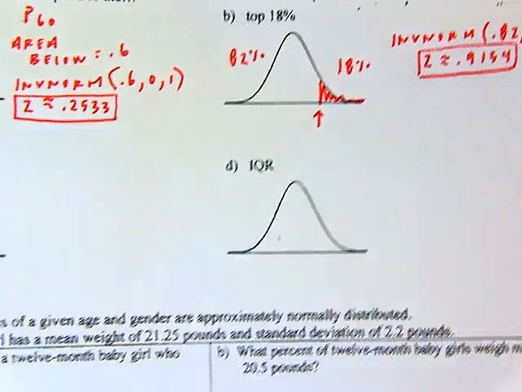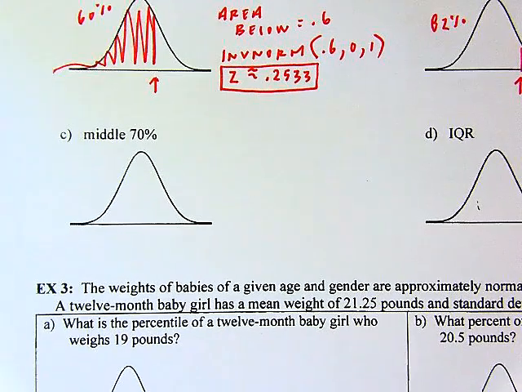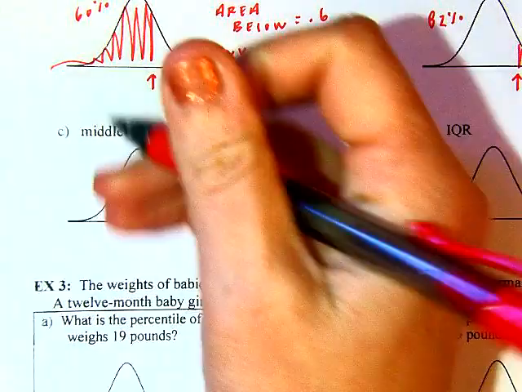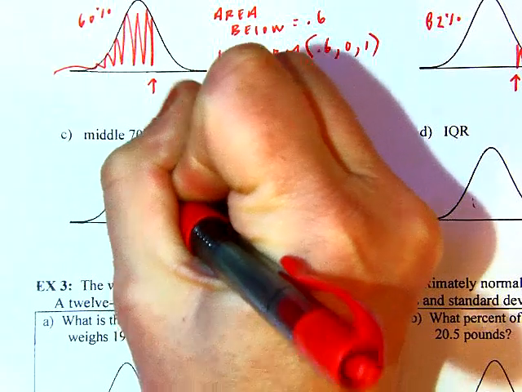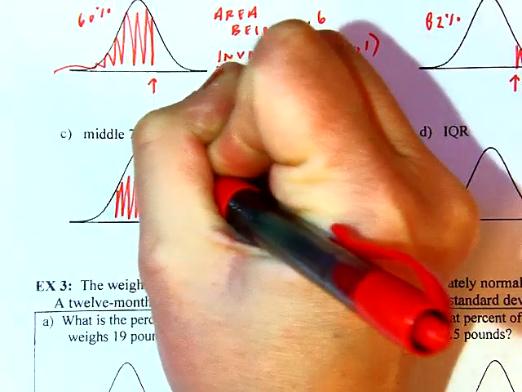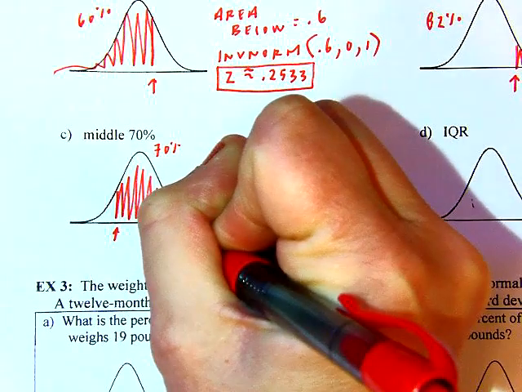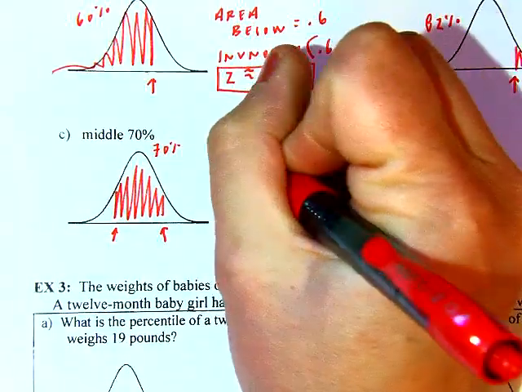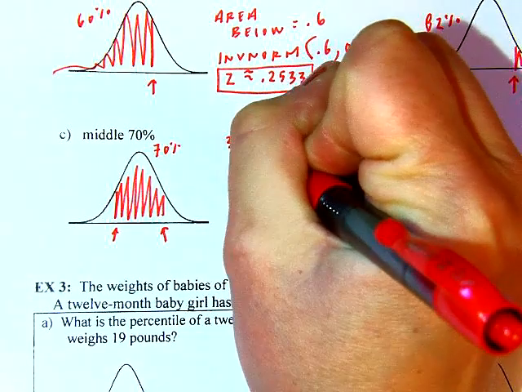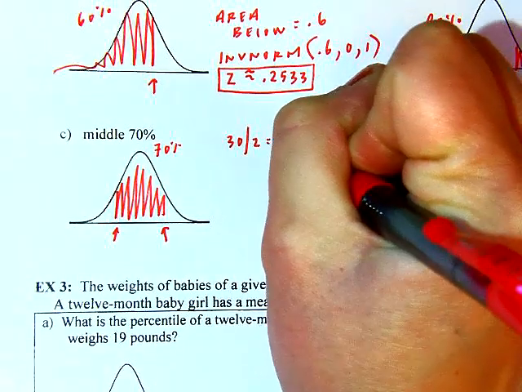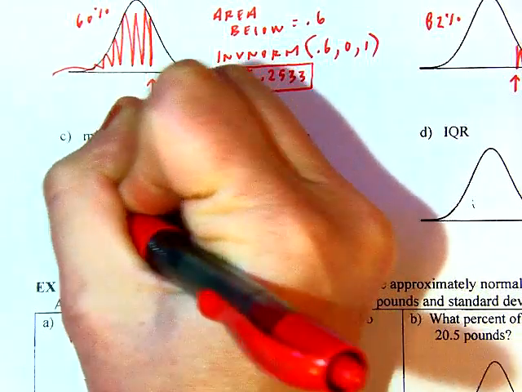All right, next up, the middle 70. If I shade the middle 70, maybe about like that, that means that I have 30% left over. And if I split that two ways, I have 15% in each tail.